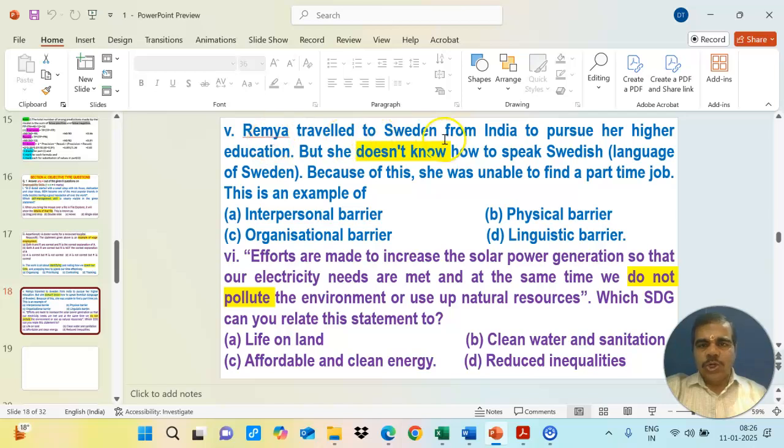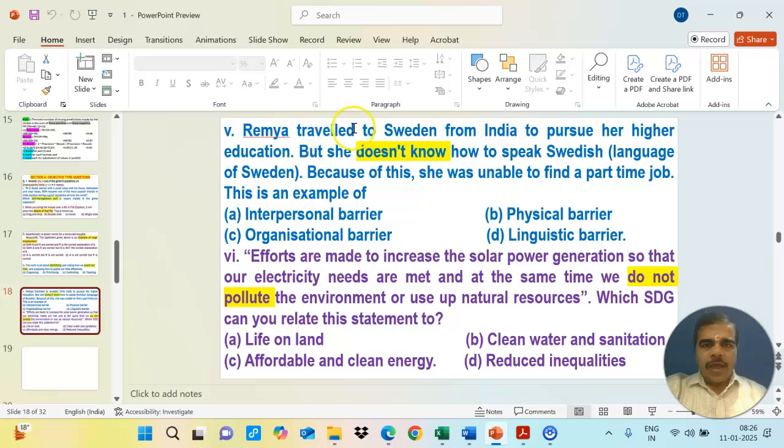Ramya travels to Sweden from India to pursue her higher education, but she does not know how to speak Swedish language. Swedish is the language of Sweden. Because of this, she was unable to find a part-time job. This is an example of: options are interpersonal barrier, physical barrier, organizational barrier, linguistic barrier.